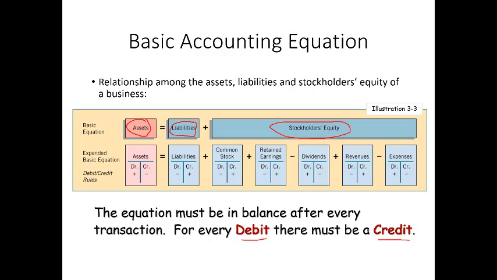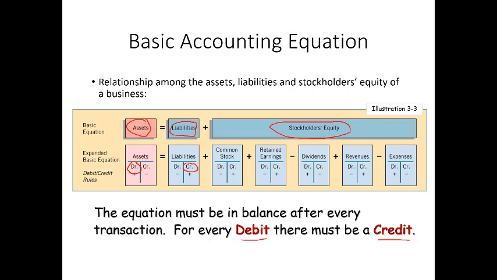Assets typically have debit balances, so debits will increase assets and credits will decrease assets, and liabilities will typically have credit balances. So credits will increase liabilities and debits will decrease liabilities. That's the general way they're related.